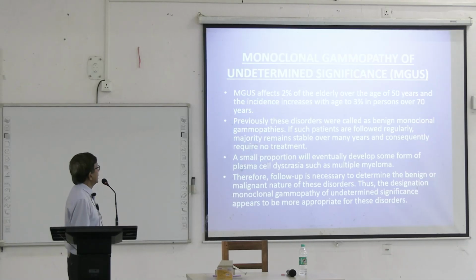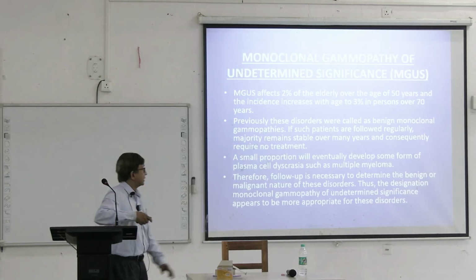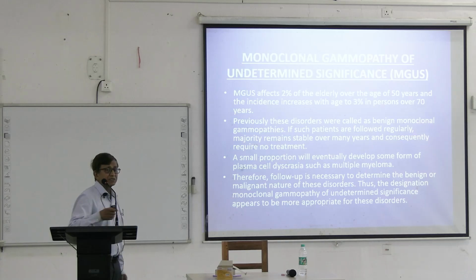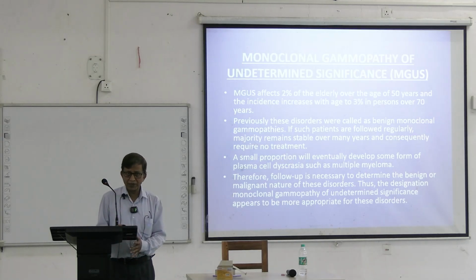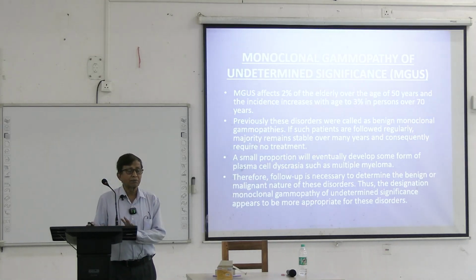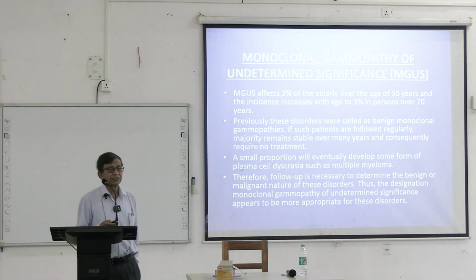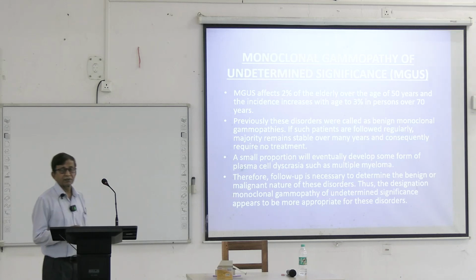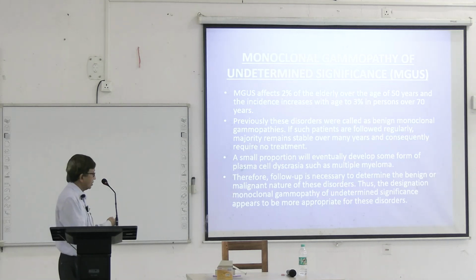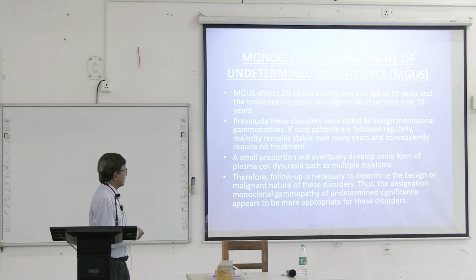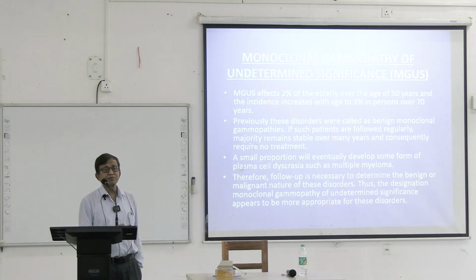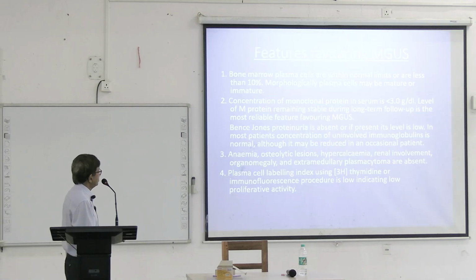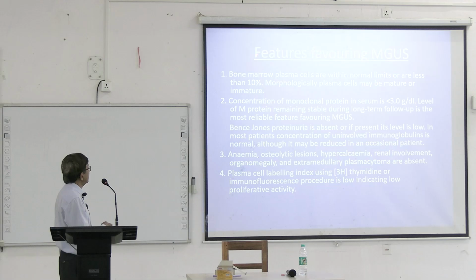This is monoclonal gammopathy of undetermined significance, where the plasma cell percentage is low and the full-blown symptomatology is not there. It's an initial stage. You can read it from any standard textbook. Plasma cell percentage is very low and symptomatology is very, very little.